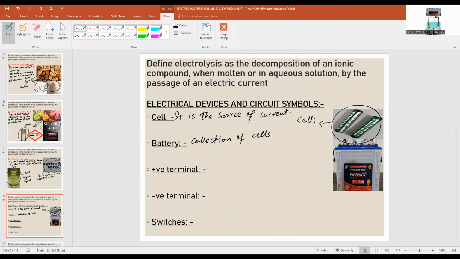There are positive and negative terminals in a battery. The positive terminal is represented by a long, thin line, but the negative terminal is represented by a short, fat line. This one is a battery.